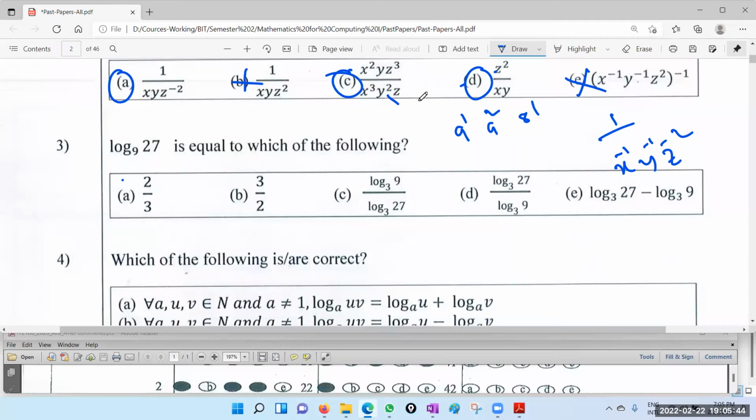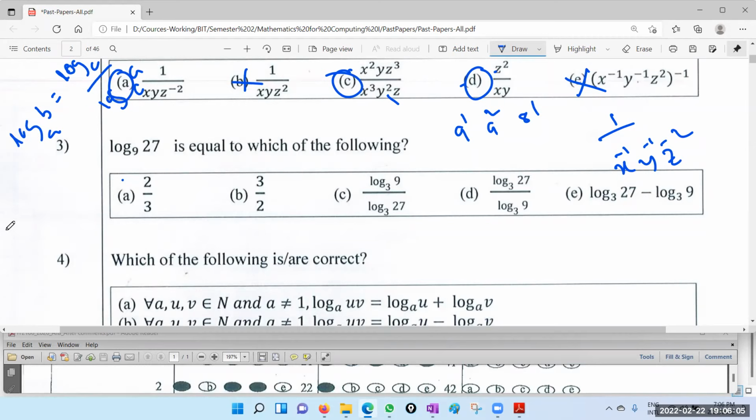So therefore, you can't straight away write it. But you know the change of base formula. Log a b can be written as log c b divided by log c a. So shall we write it in log 3?